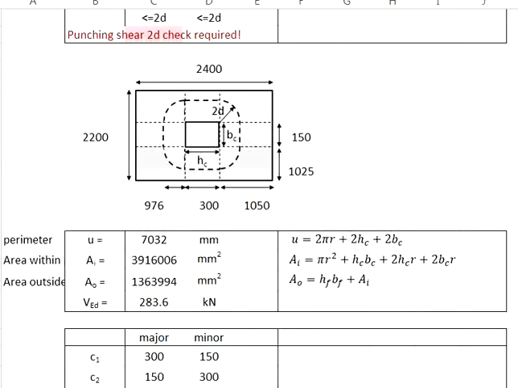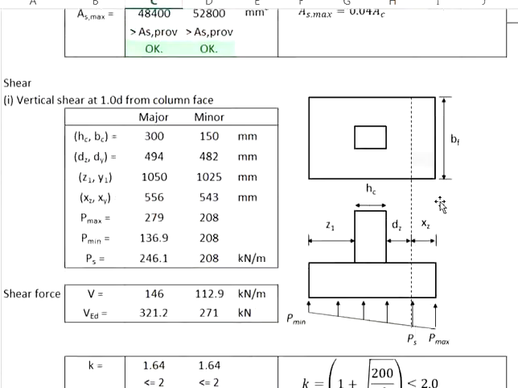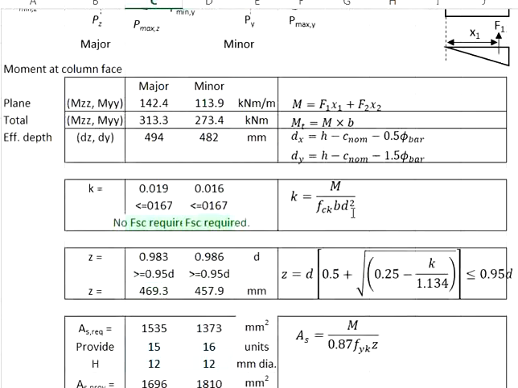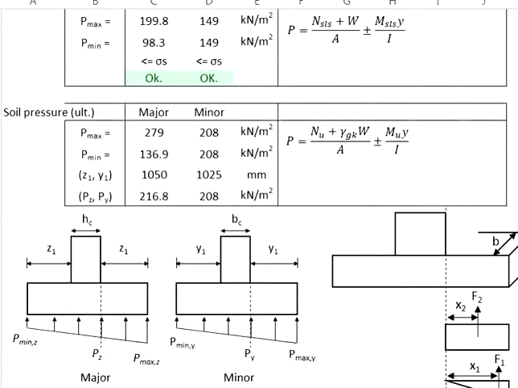Next, how do you determine the shear force? Since you have moment acting in the major axis, you are expecting that the soil pressure will look something like this due to the influence of the moment as reflected by the equation here. But if you see the equation here, what the moment actually does is redistribute the stress acting onto the pad footing.